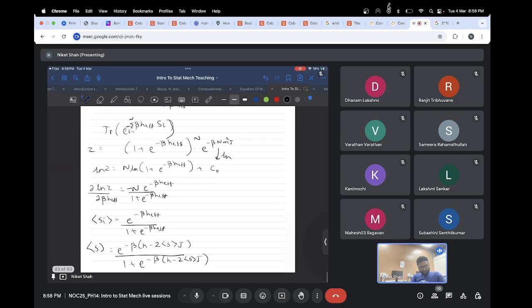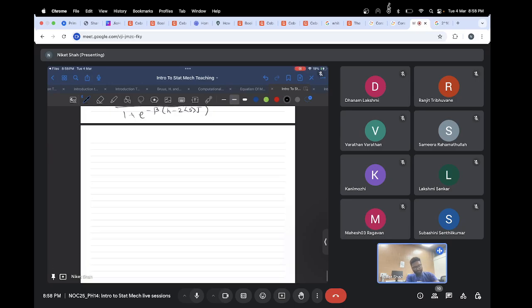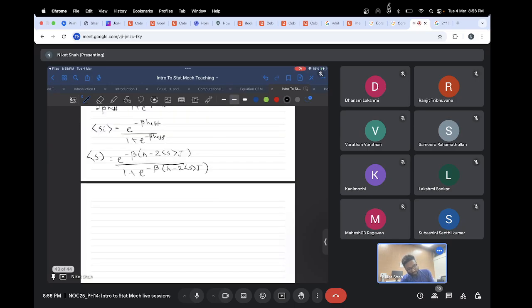So it has nothing in the numerator. Basically, what will happen is this will go in the denominator, and expectation S becomes 1 divided by 1 plus e raised to power beta (h minus 2 expectation Sj).